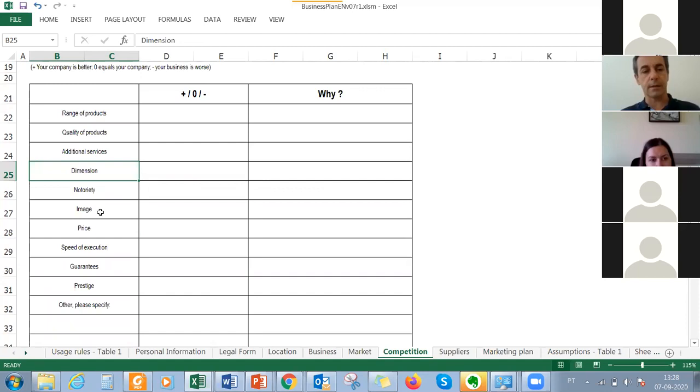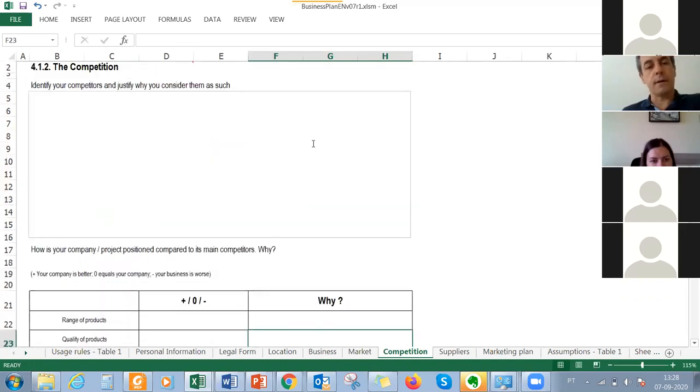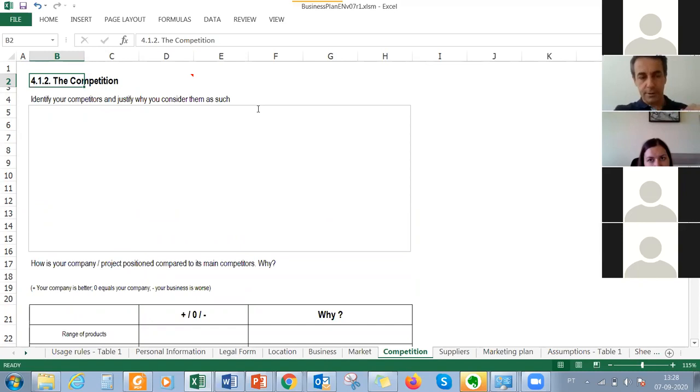So in terms of price, they are better than you. In terms of prestige, in terms of quality of products, less or stronger than you. And why? So this is a summary of what is the competition for your product or your service.